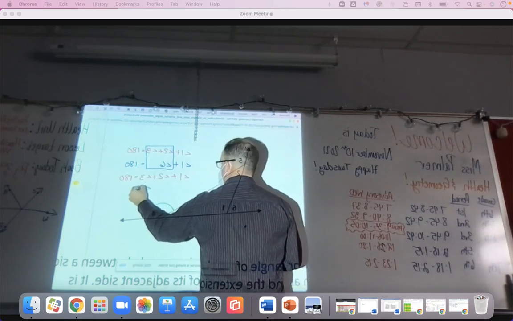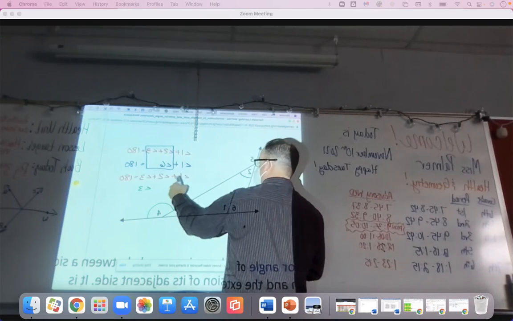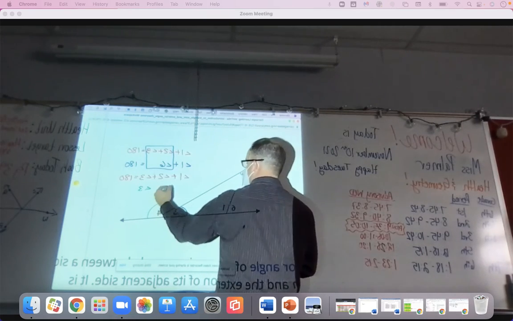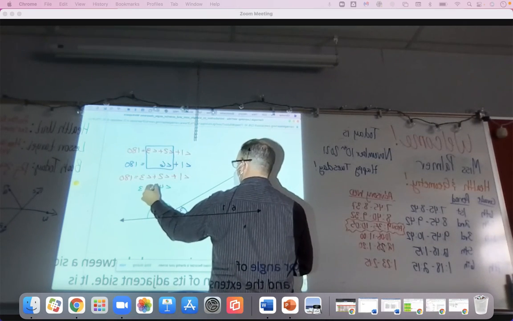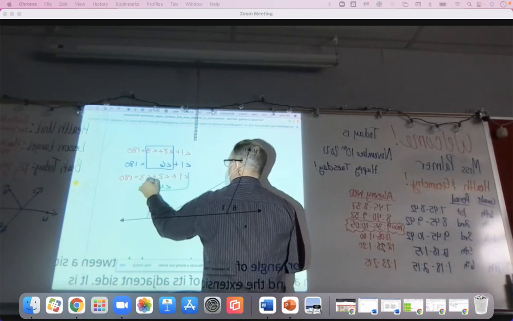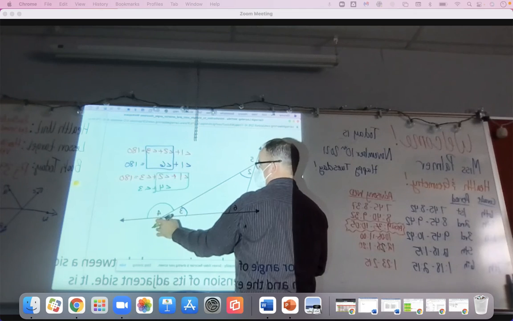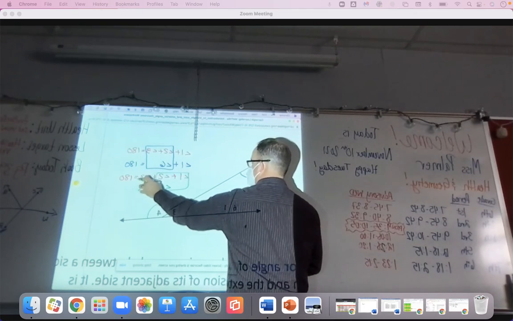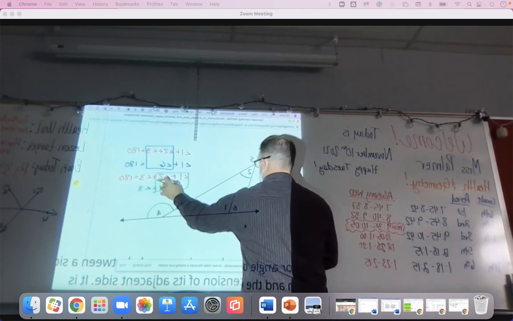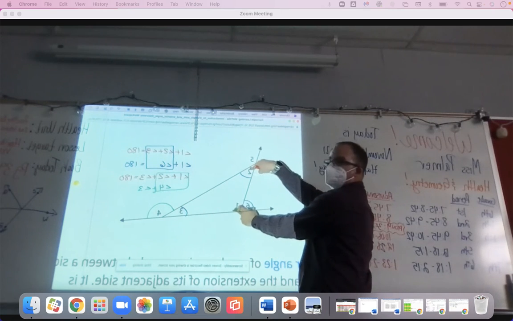I'm going to keep angle 3. What am I replacing angle 1 and angle 2 with? 4. What must angle 4 be the same as if it makes 180 when it's paired with angle 3? Angle 1 and angle 2.